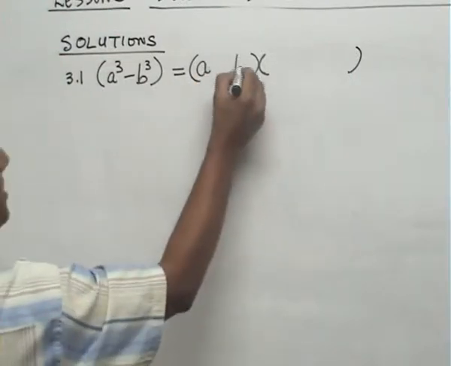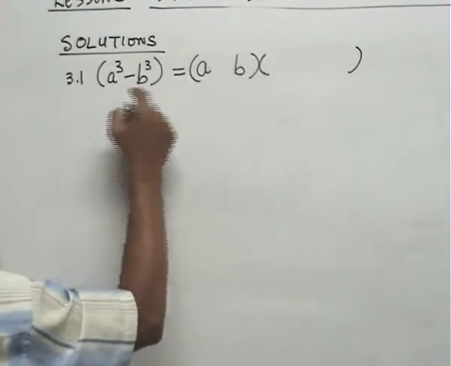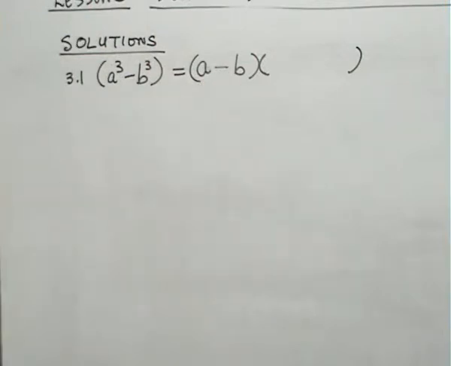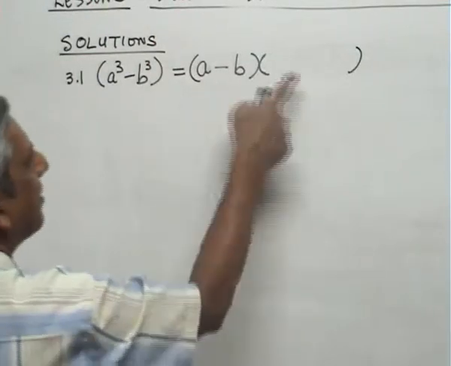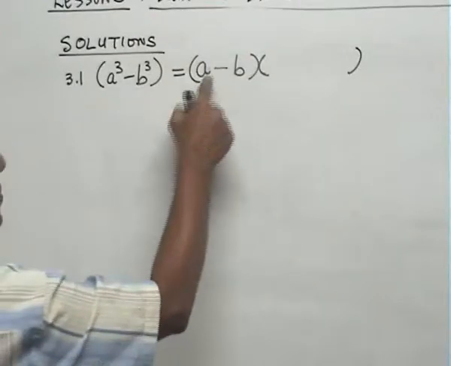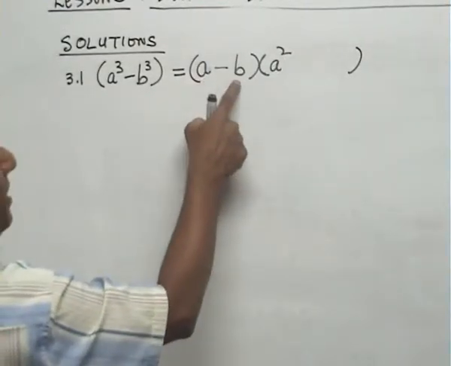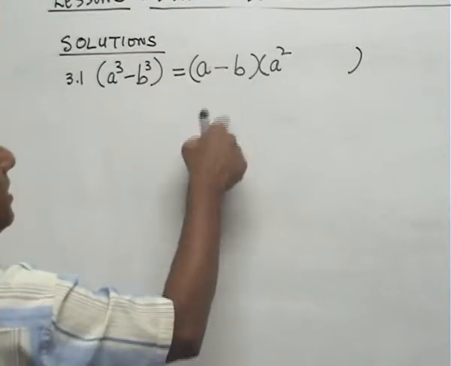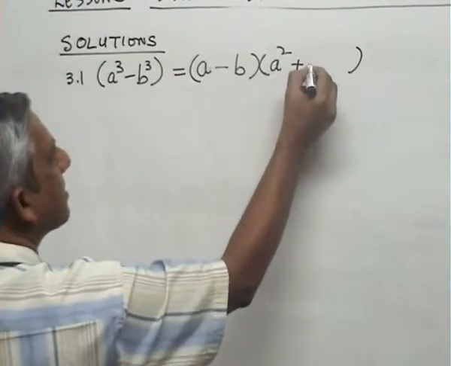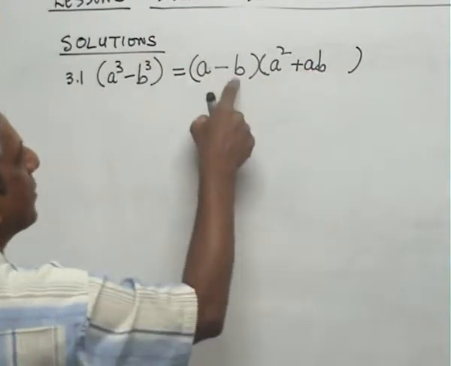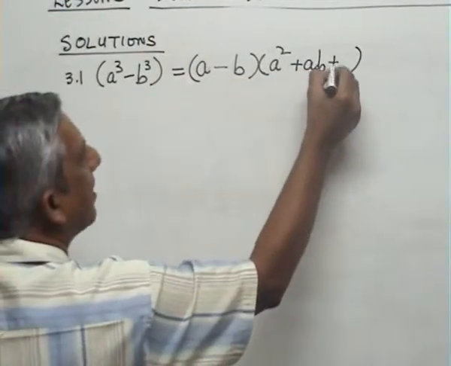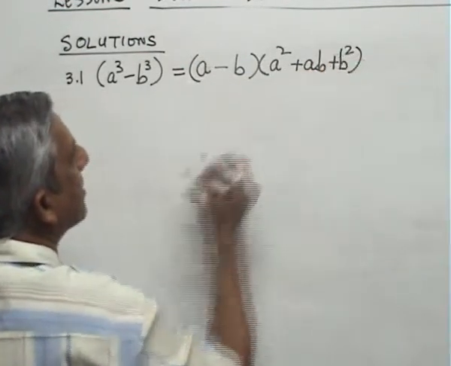Cube root of b cubed, b. Starts with a minus, therefore that will be minus. Then this bracket going to give me that answer. Square the a, squared. Multiply minus ab, change the sign, plus ab. Square minus b, that will give you plus b squared.